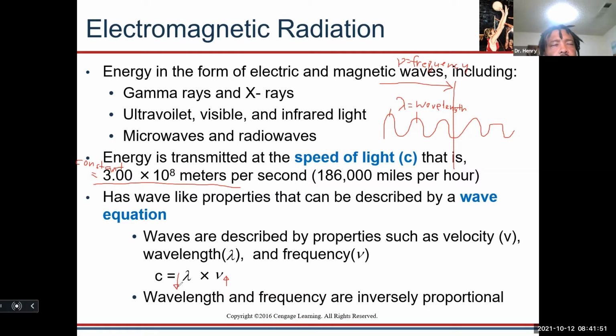That's called indirectly proportional. We talked about that in chapter 3, right? You remember we were talking about density and all that stuff? And vice versa, as the wavelength increases, the frequency is going to decrease. I'm going to show you that here in a second.